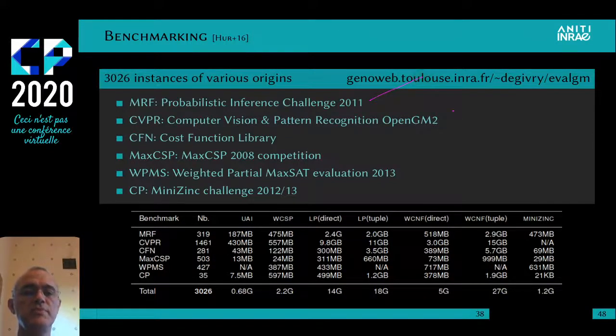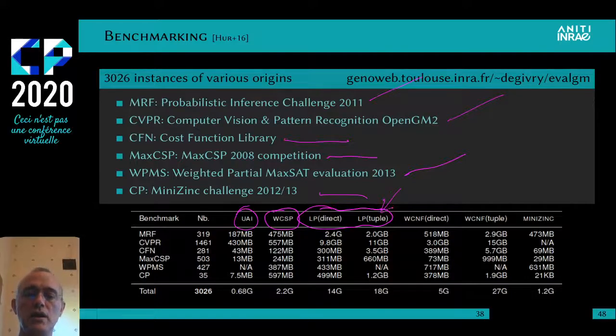Markov random field problems, computer vision problems, our usual cost function network problems, also MaxCSP problems, MaxSAT problems, and CP problems where the criterion is decomposable. And these were encoded in various formalisms: MRFs, WCSP, CPLEX or ILP problems with two encodings. This one is the local polytope one.